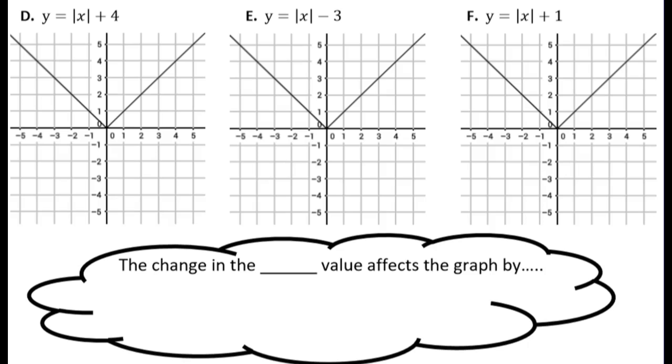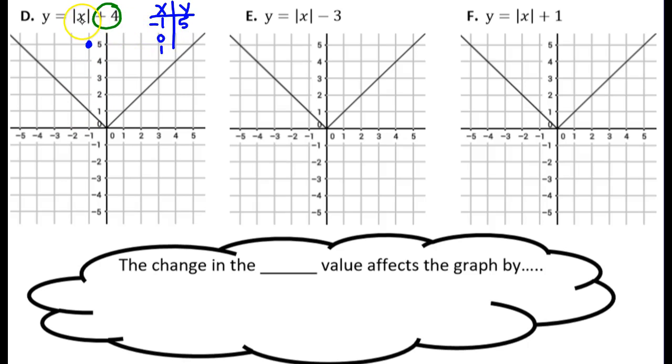In problem D, here I have y equals the absolute value of x, and then I have a +4 on the outside. Notice that comes after the absolute value. So what happens here if I choose some numbers again, such as -1, 0, and 1? We're going to get some y values out. -1, the absolute value of that is 1, and 1 plus 4 is 5, so -1, 5.